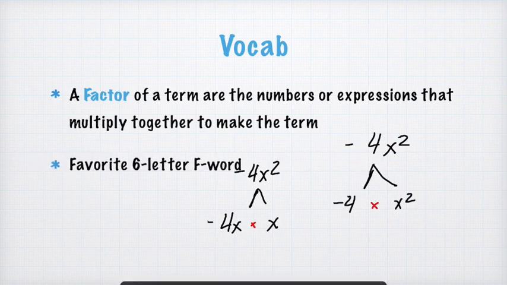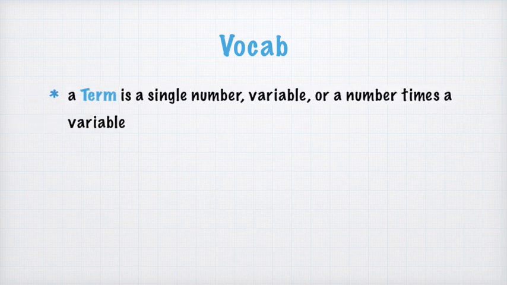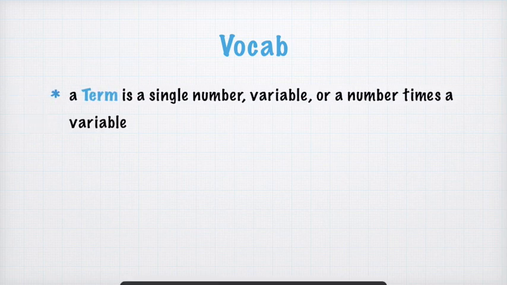So a factor is the numbers or expressions that multiply together to make the term. It's also going to be our favorite 6-letter F word, so we're going to use factoring a lot in this class. A term is a single number, a variable, or a number times a variable. So if we're talking about our sentence that is math, let's do 3x squared plus 2x plus 1.